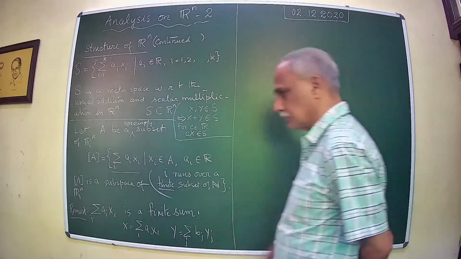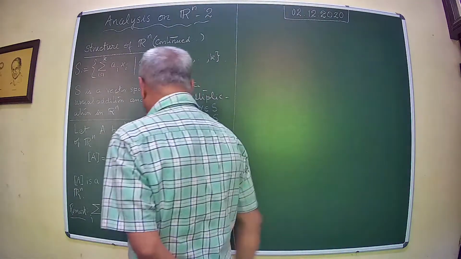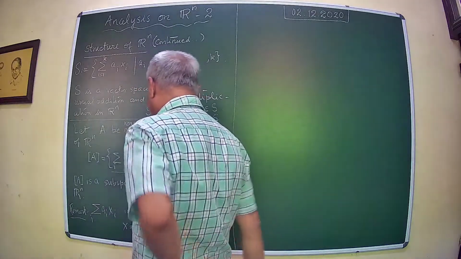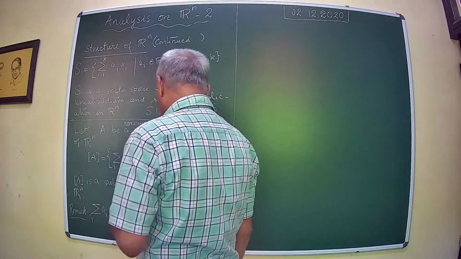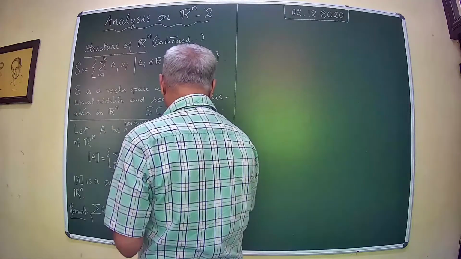Both are finite sums. Now what will be the sum x plus y? x plus y is then sigma ai xi plus sigma bj yj.